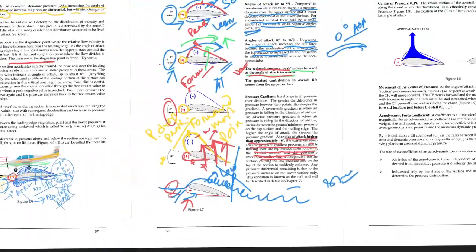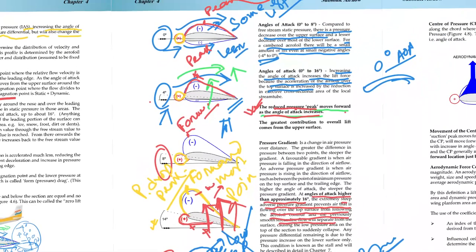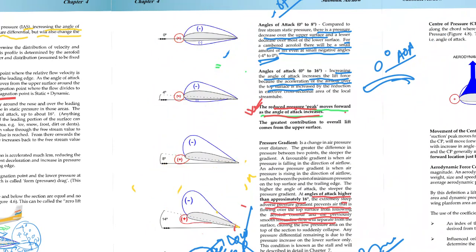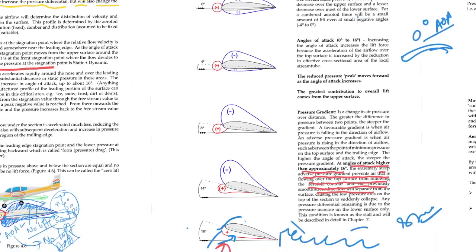So why I took so much time explaining this. You need to understand the pressure pattern as your angle of attack is increasing, and also two important things, that what is zero lift angle of attack? This is minus 4 degree.